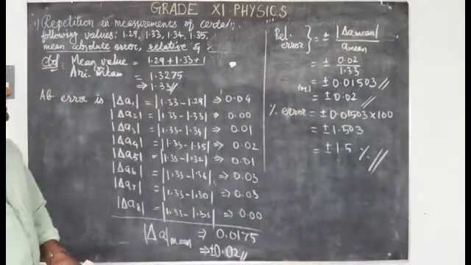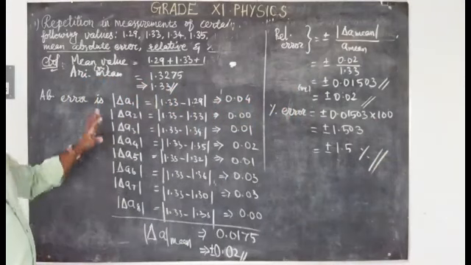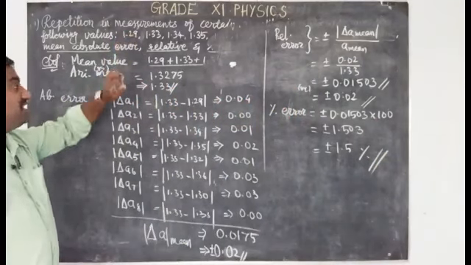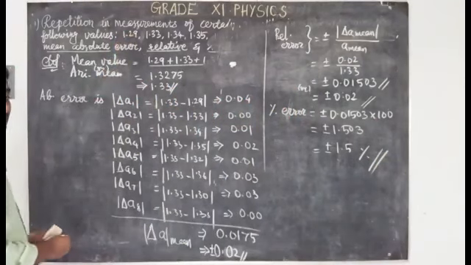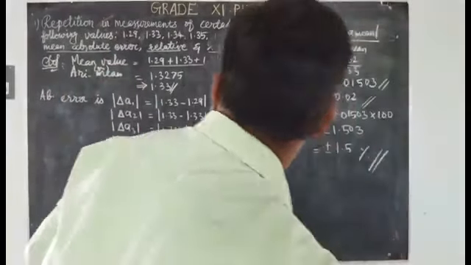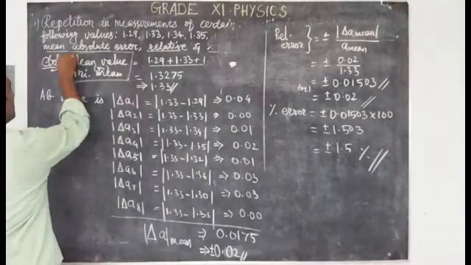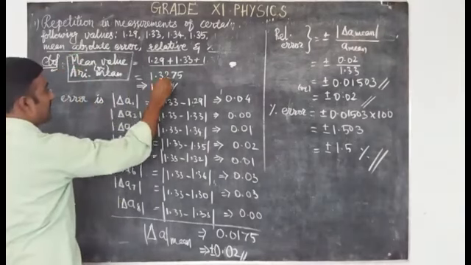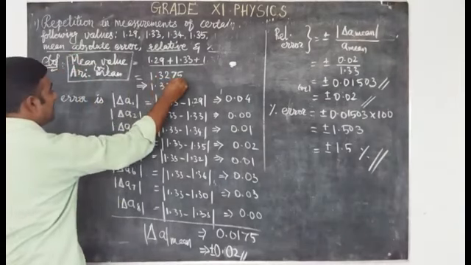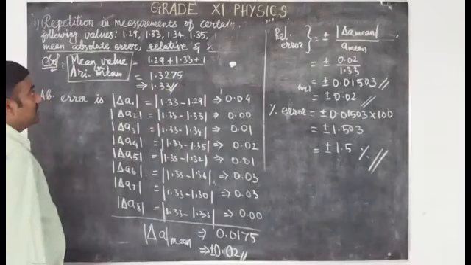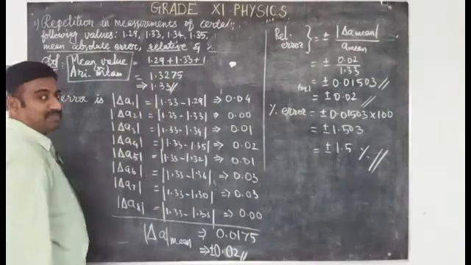I repeat once again. We have 8 measurements in an experiment. We need to calculate the 3 errors. What are the 3 errors? The first is the arithmetic mean or mean value: sum of data by number of data. After getting this answer, we need to round off to the second decimal. This is the mean value or arithmetic mean.